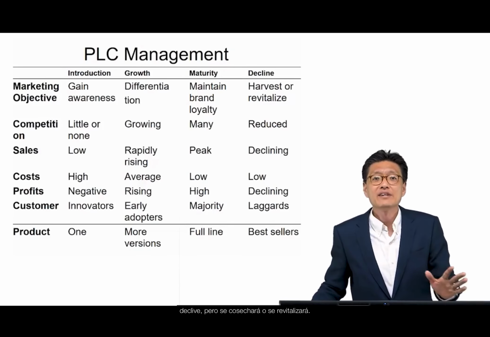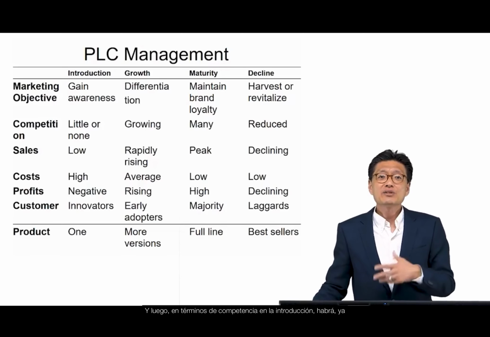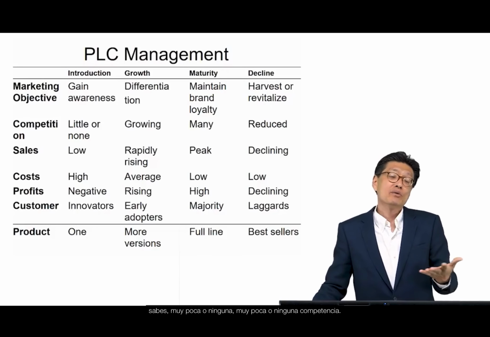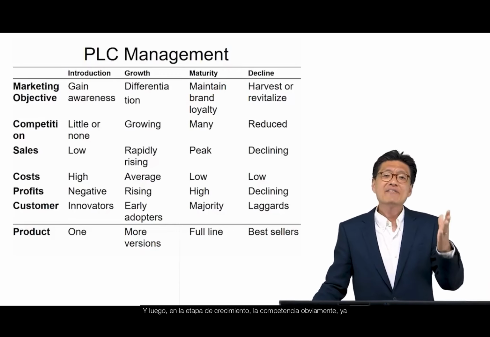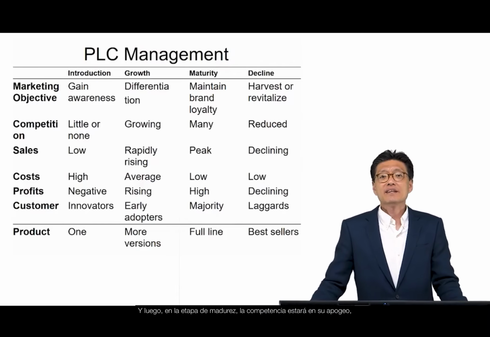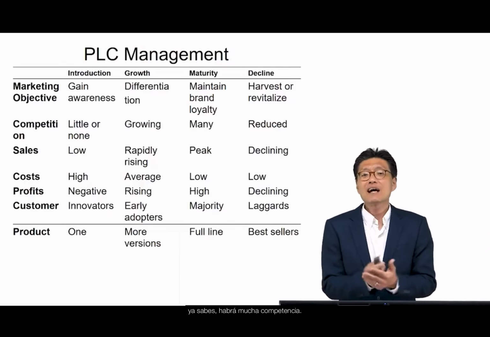It'll depend on how the product is doing in the decline stage, but it'll be either harvest or revitalize. And then in terms of competition, in the introduction there'll be very little or no competition. In the growth stage, the competition will start picking up and grow. In the maturity stage, the competition will be at its peak. There'll be lots of competition.